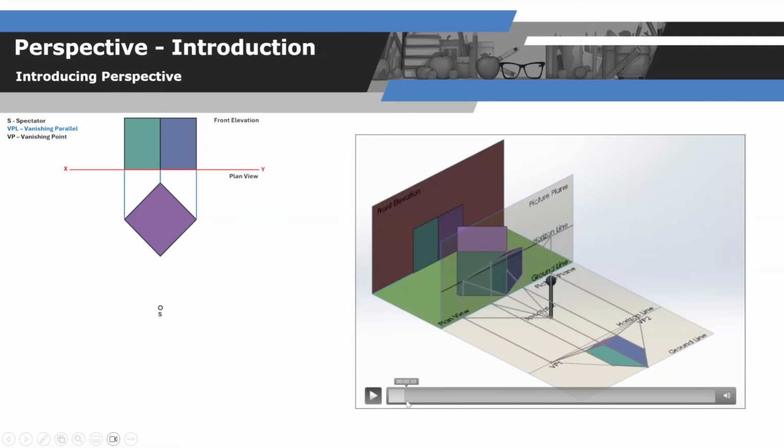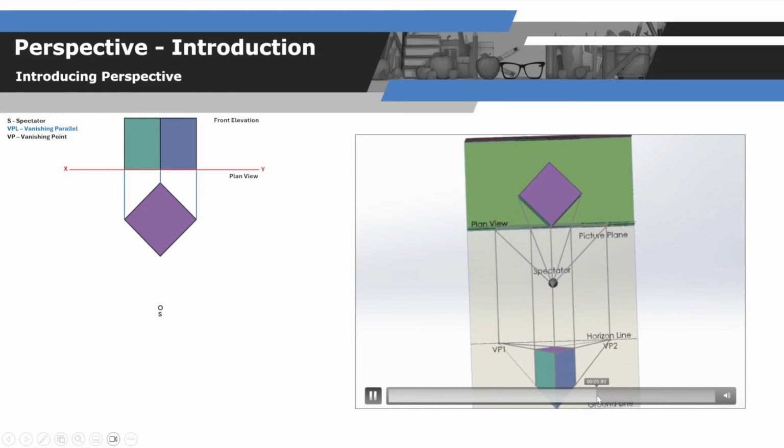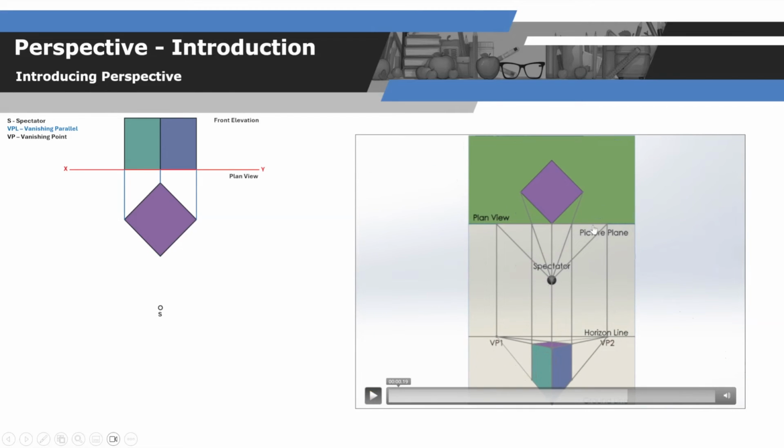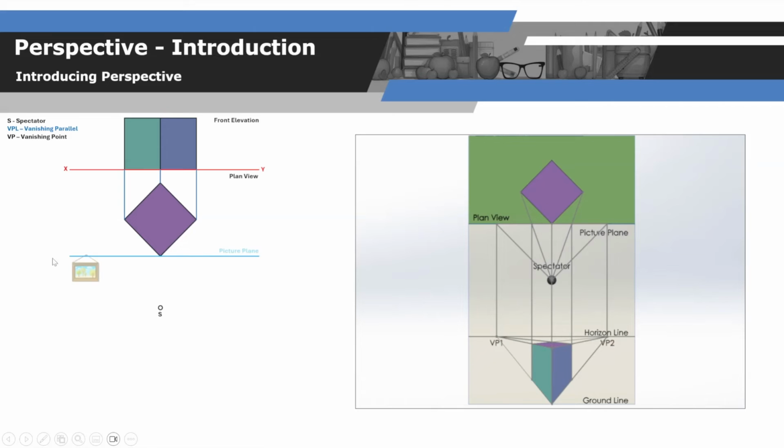When we look down at the model from the plan view, we can see that it is going to look in at an edge. So we're going to be looking at the picture plane as an edge view, and it's going to be on this point here. So we'll draw in our picture plane, and we can see the picture plane is on this point here, similar in the SolidWorks model here. I just have a little picture here to show that this is a picture plane.